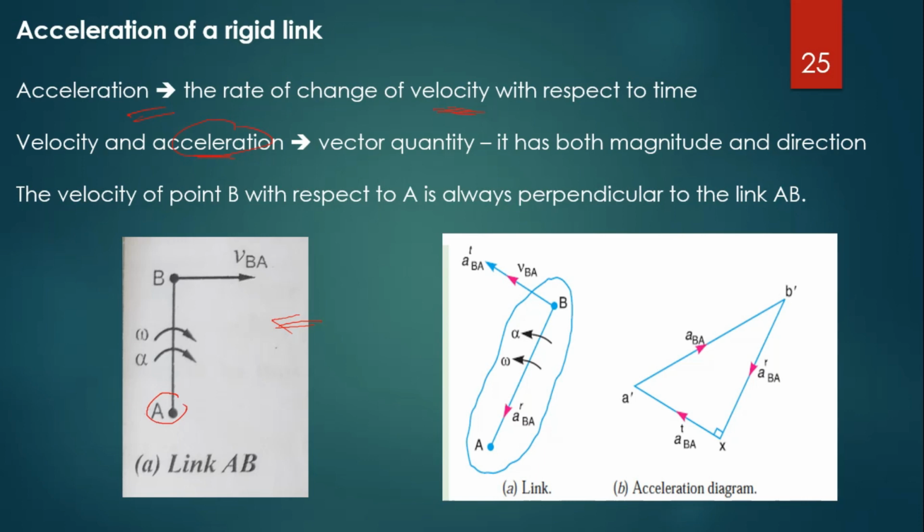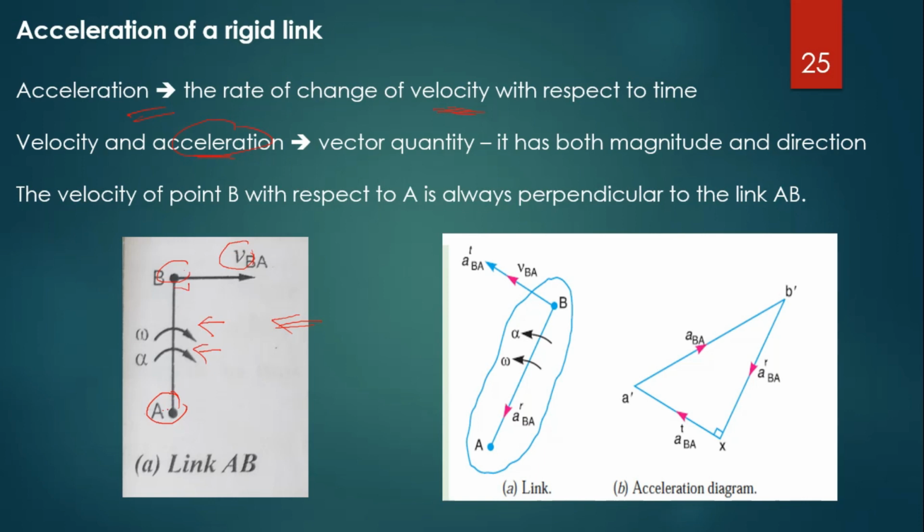Let omega be the angular velocity and alpha be the angular acceleration of point B with respect to point A. The velocity of point B with respect to A is always perpendicular to the line joining the two points AB, or perpendicular to the corresponding link AB. We already discussed this.